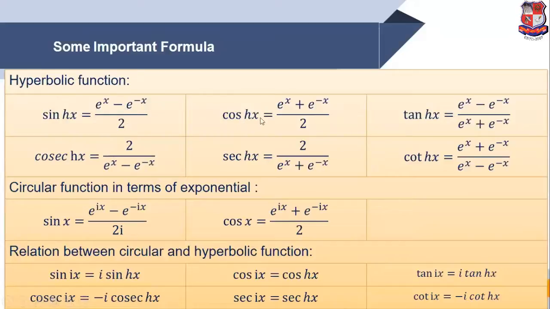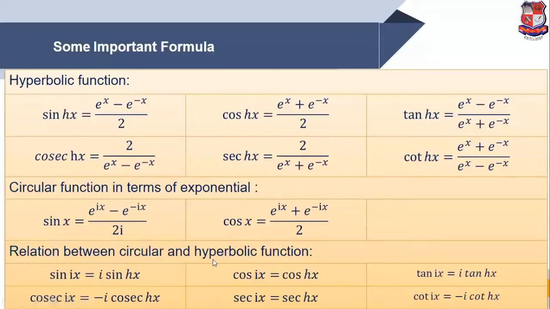Cos hyperbolic x is e raised to x plus e raised to minus x divided by 2. We know that. Similarly, tan hyperbolic x, sec hyperbolic x, cosec hyperbolic x, cot hyperbolic x, and so on. Now, circular function in terms of the exponential form. Sin x is e raised to ix minus e raised to minus ix divided by 2i, and cos x is e raised to ix plus e raised to minus ix divided by 2.